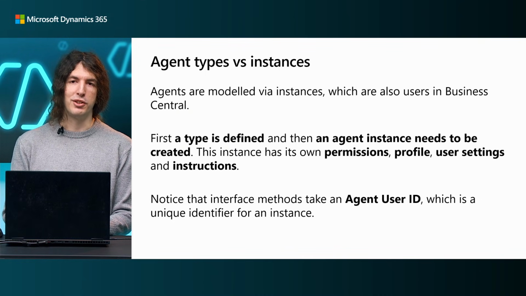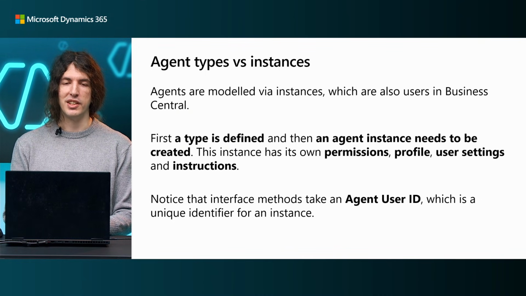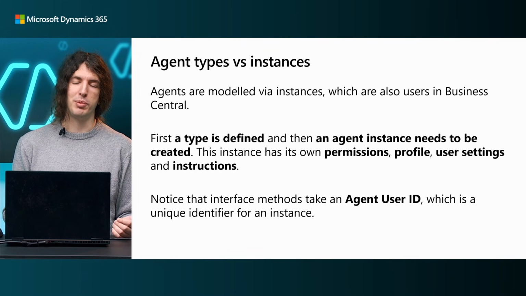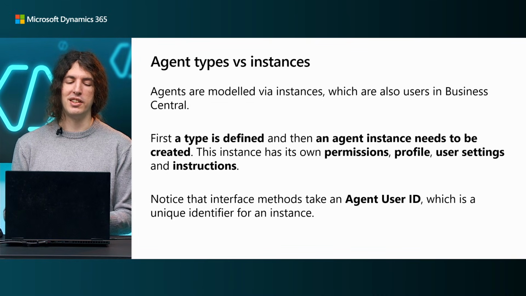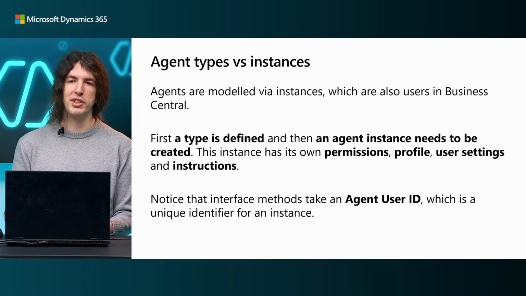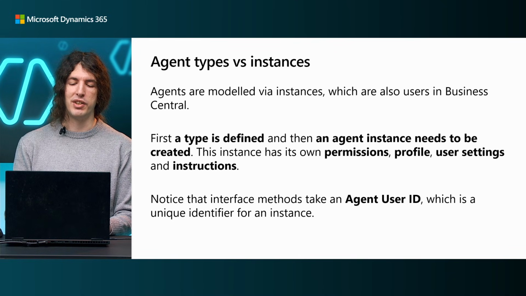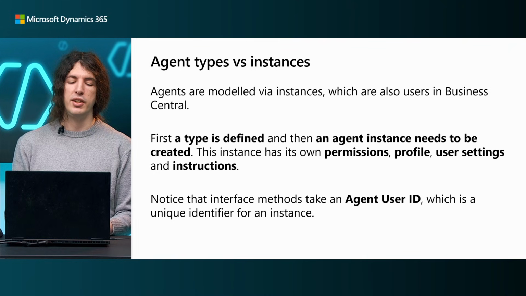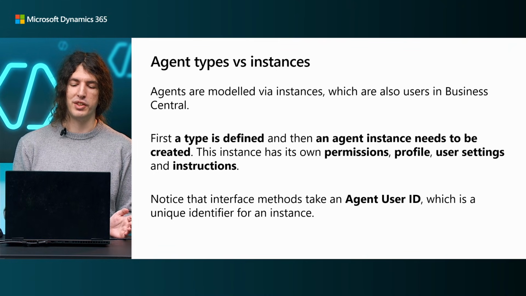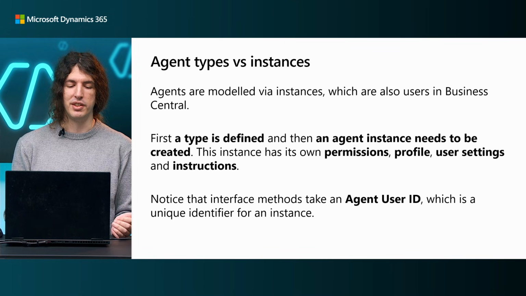Let's jump into another topic, which is very important when designing agents: agent types versus instances. So, okay, you have defined the type for your agent, but now it's time to actually make an agent that does something. So in Business Central, agents are modeled via instances, which are also users in Business Central. You have a type of an agent, but then you have multiple instances of this type, which need to be created.